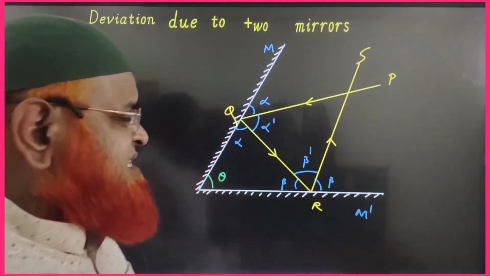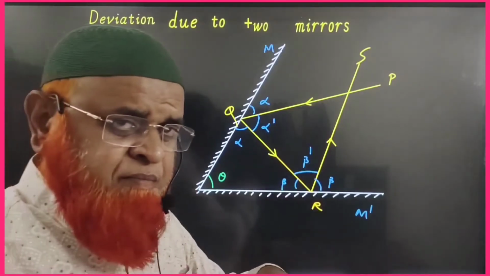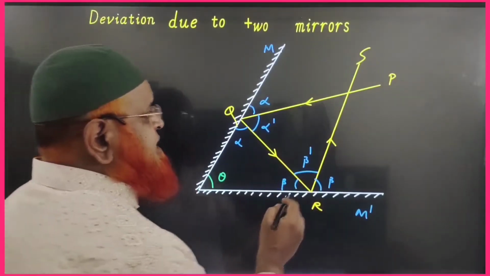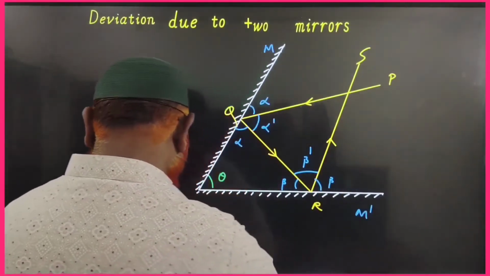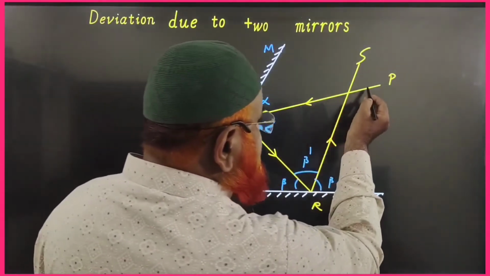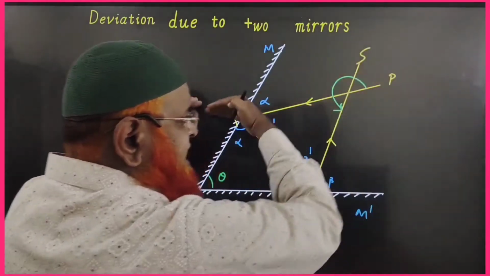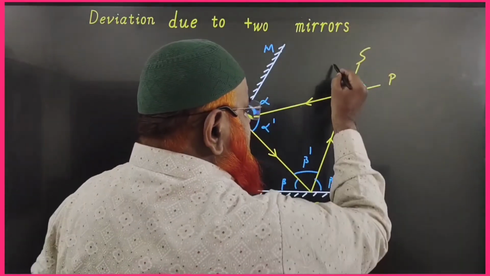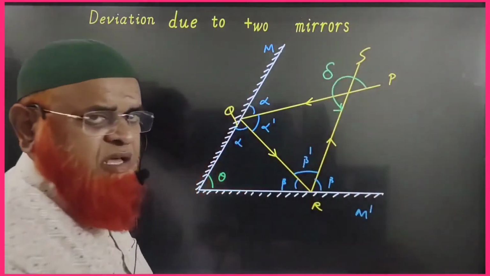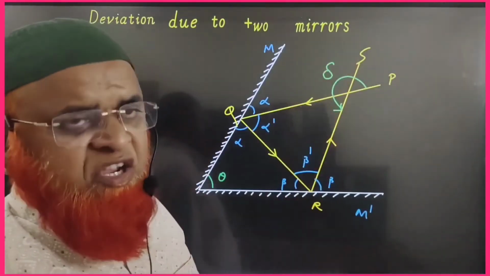Now, we are asked to find the deviation. What do you mean by deviation? It is entering from here and exiting from here. It is entering like this and the exit is in this direction, and that is going to be the deviation here. So we need to find the deviation.